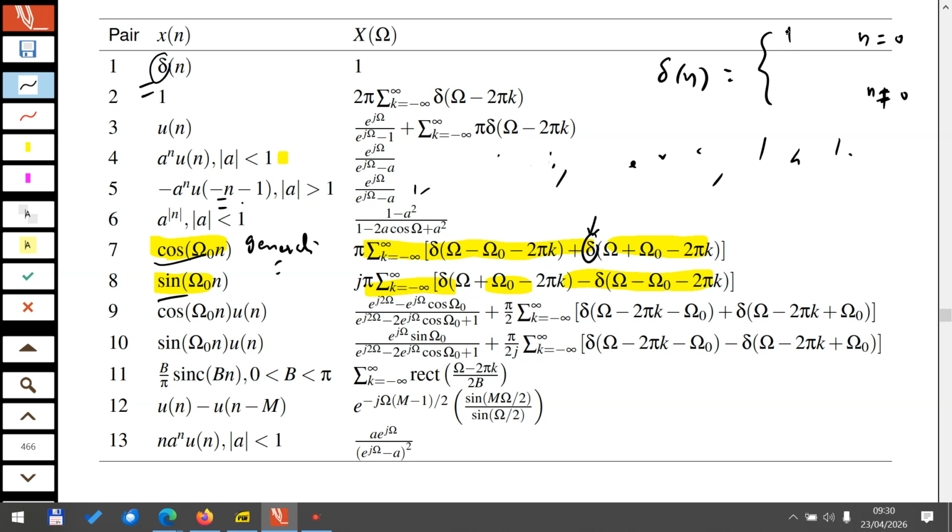The value is 1 and it is 0. Why? Because this is the Kronecker delta, I told you. This is the discrete time delta, right? Discrete time impulse. Yeah. So it's just 1 at 0 and 0 elsewhere.